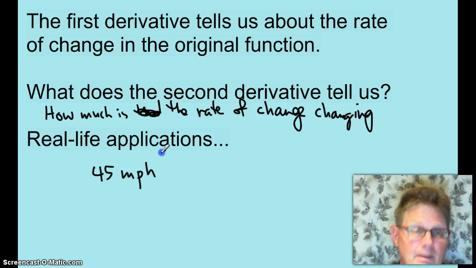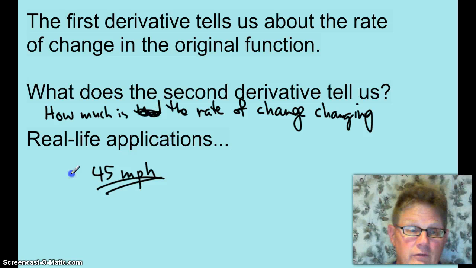Now, if I tap on the brake, I'm going to start decelerating. And that deceleration, my slowing down, will tell you also how much the velocity is changing as you slow down. So that's how you can use this, like a second derivative and rate of change.